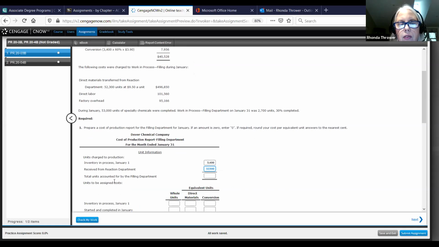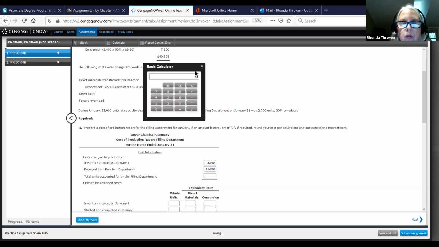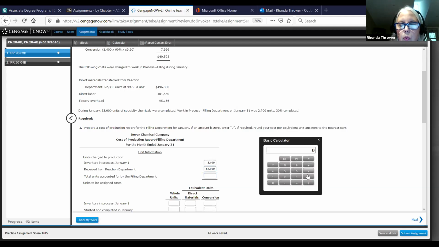So the total units that we account for in the filling department for the month of January would be the beginning inventory plus what you received in from reaction. So put 3,400 units in, and we're going to add to that 52,300.